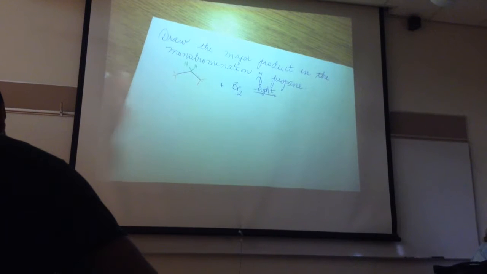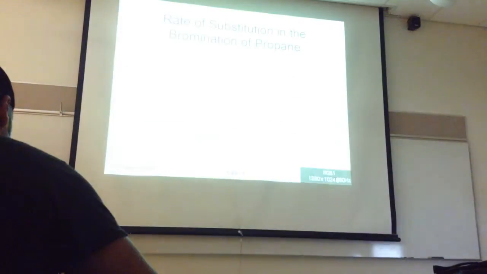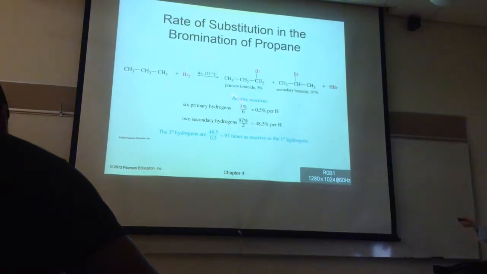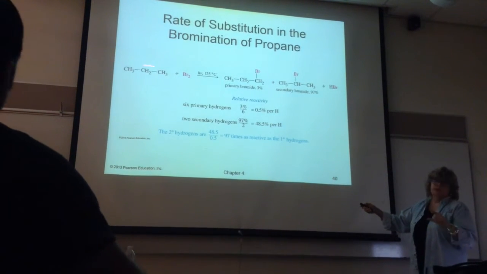For those of us that need evidence, somebody did the calculations of that. Some people really need to. Here you go. Somebody took the time to do this. They did bromine with propane.